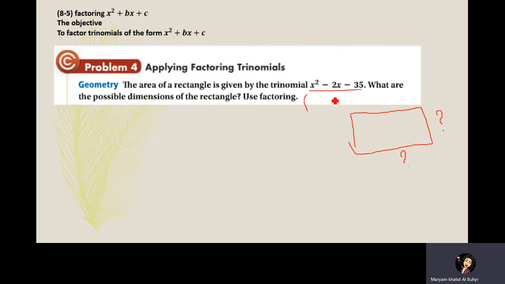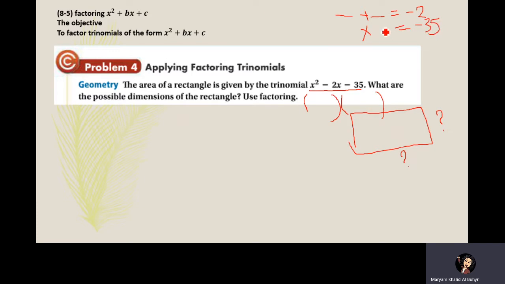You will use the same thing that we did yesterday. Let me remind you, I'm looking for two numbers that, once I add them, I will get -2, and once I multiply them, I will get -35.